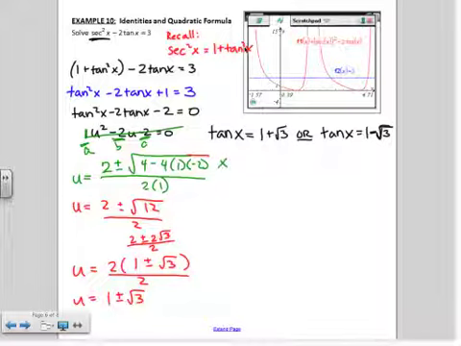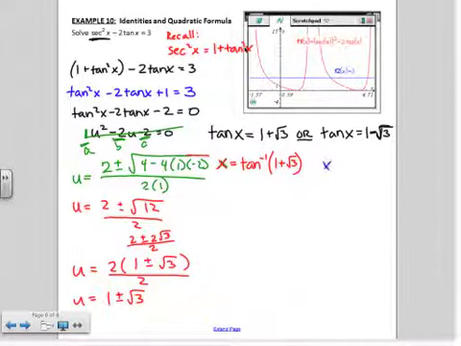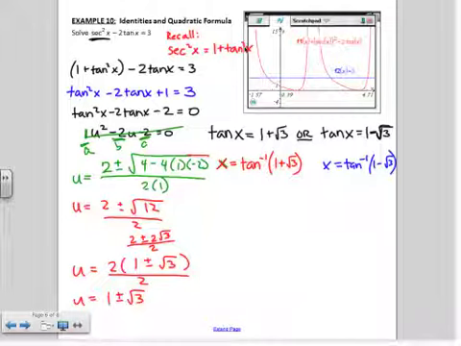So on the calculator, x equals the tangent inverse of 1 plus square root of 3, or x equals the tangent inverse of 1 minus the square root of 3. And I get two lovely answers.